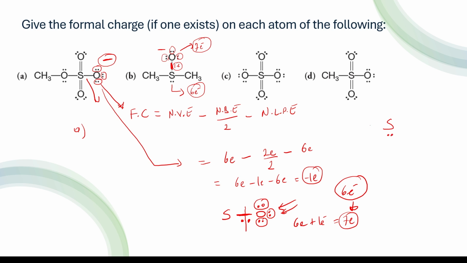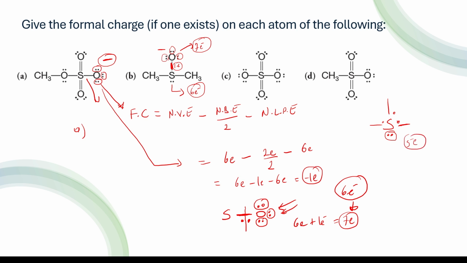Sulfur has a lone pair, and it is surrounded by 3 single bonds, meaning that sulfur owns exactly 2 electrons of this lone pair, and from each single bond it owns 1 electron. So it has 2 plus 3, 5 electrons in this state.